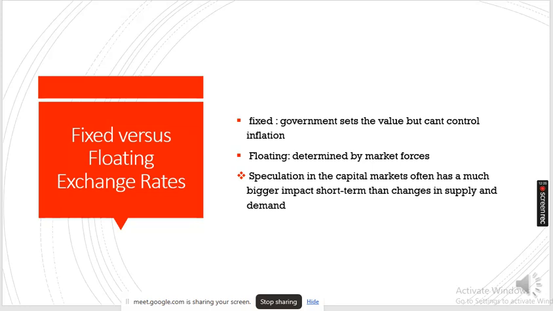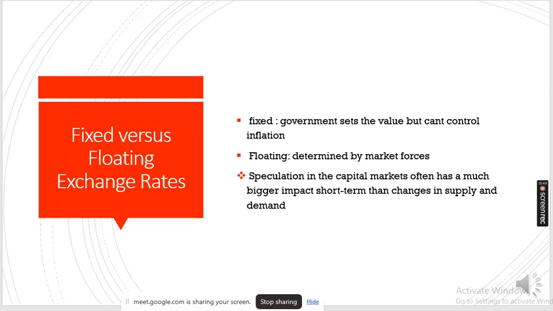In exchange rates, we have 2 types: the fixed as well as the floating exchange rates. In a fixed exchange rate, the government will set the value, let's say $2,000 per kwacha, but will not control the increases in prices.